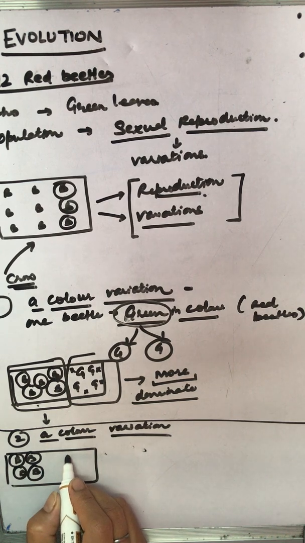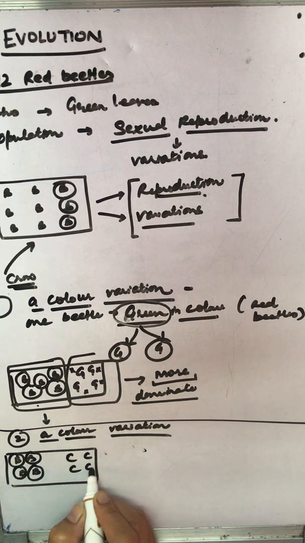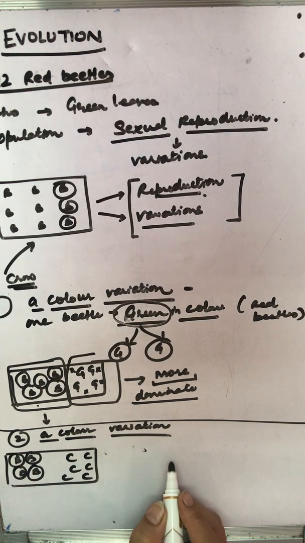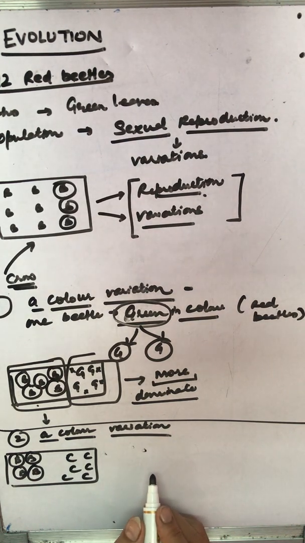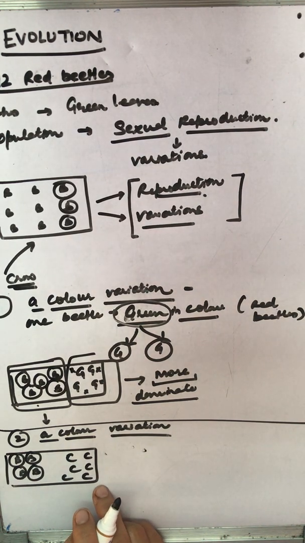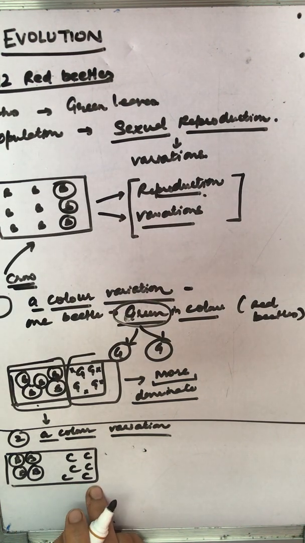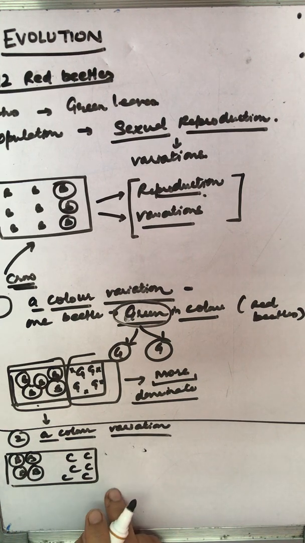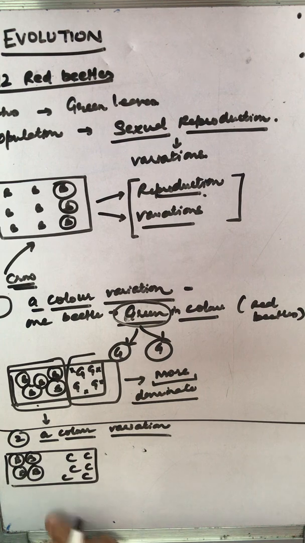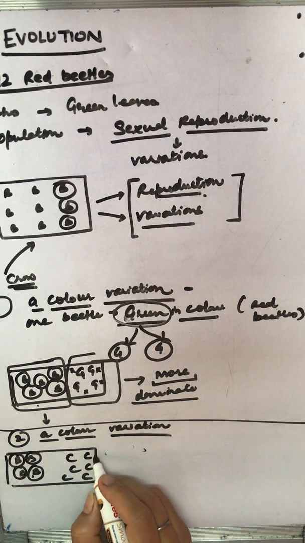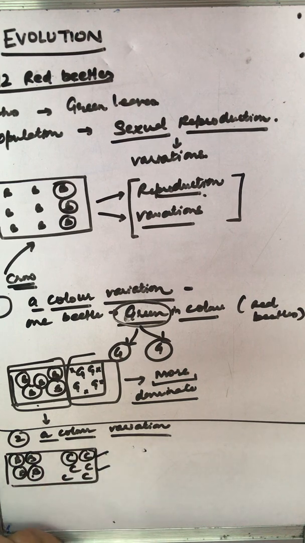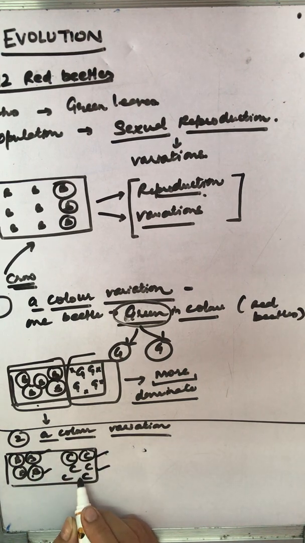So I am writing the color variation that has come. This is the blue one. Crows can see the blue color beetle in the progeny along with the red one. Since these blue colored beetles on the green leaves of the bushes can be seen, just as the red ones are spotted, the crow can eat them as well. These could be equally picked up as these ones are picked up.